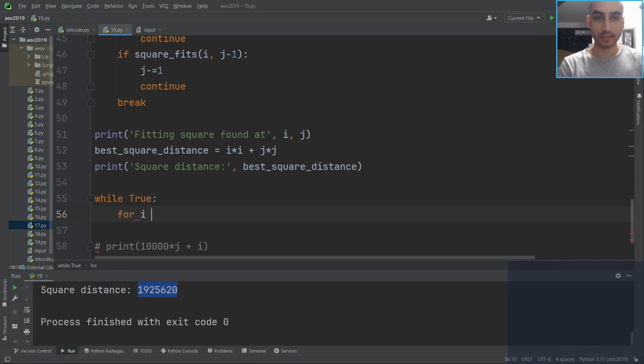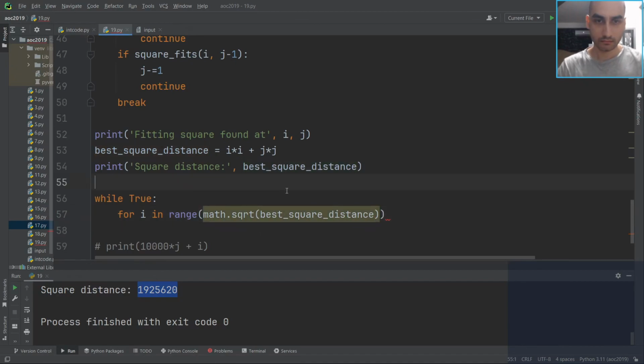So we go for i in range, up to and including math.sqrt of best square distance plus 1.